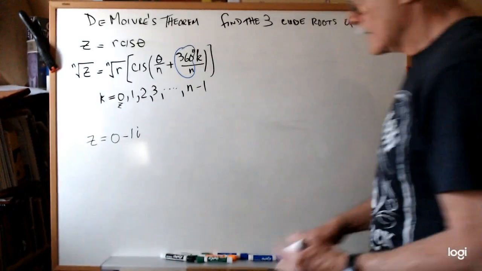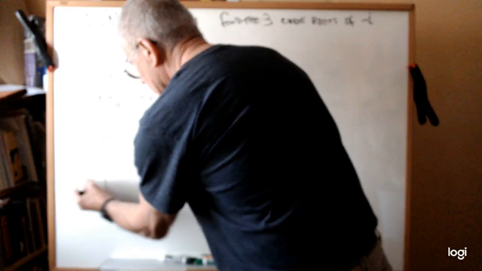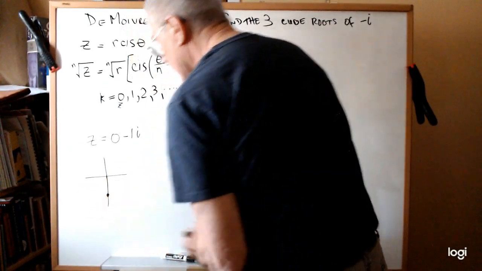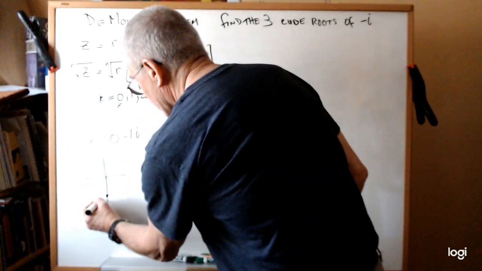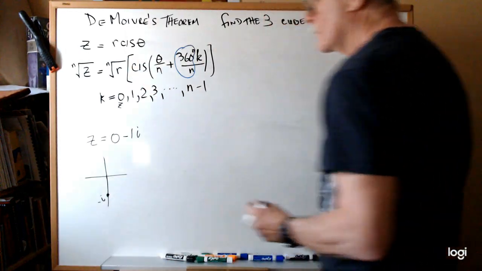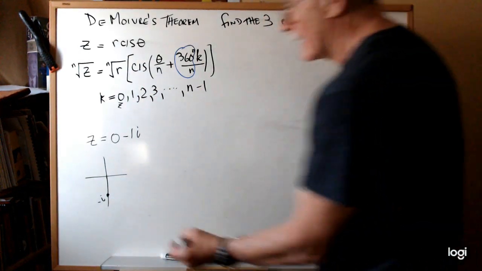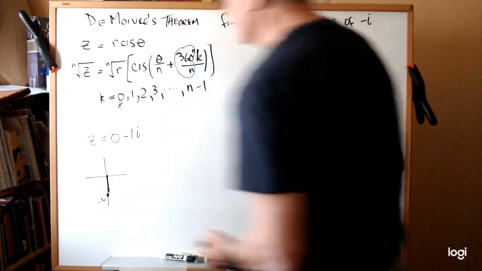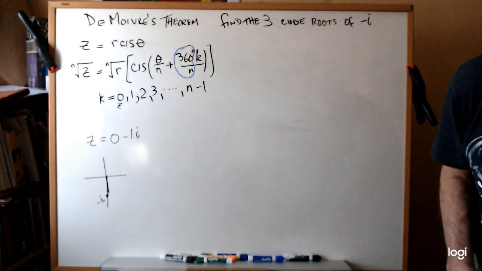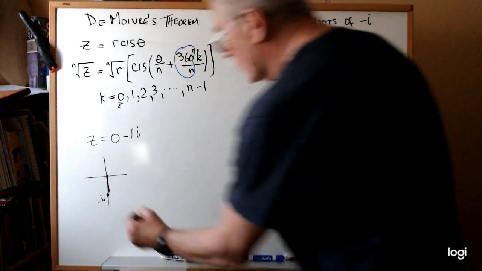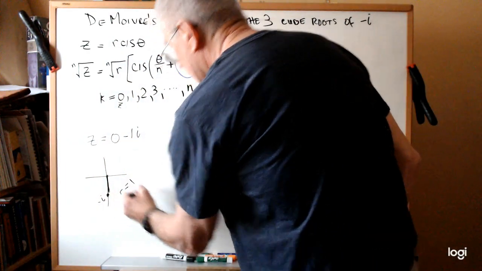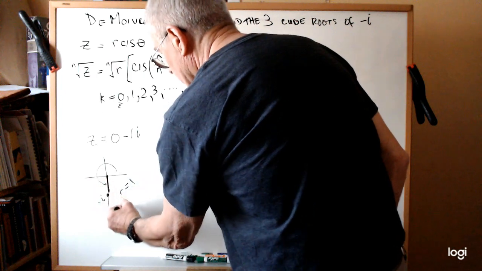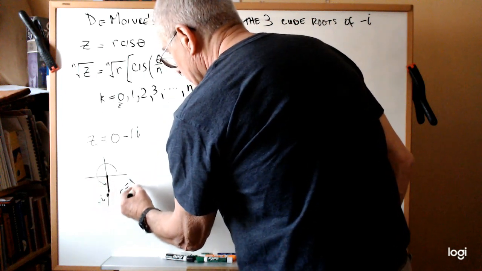Okay, and if you think about that, right down here, negative i, so that would be an R value of... well, what's the R value of that? 1. It's 1 unit, so R is 1, and the angle, theta, is 270.